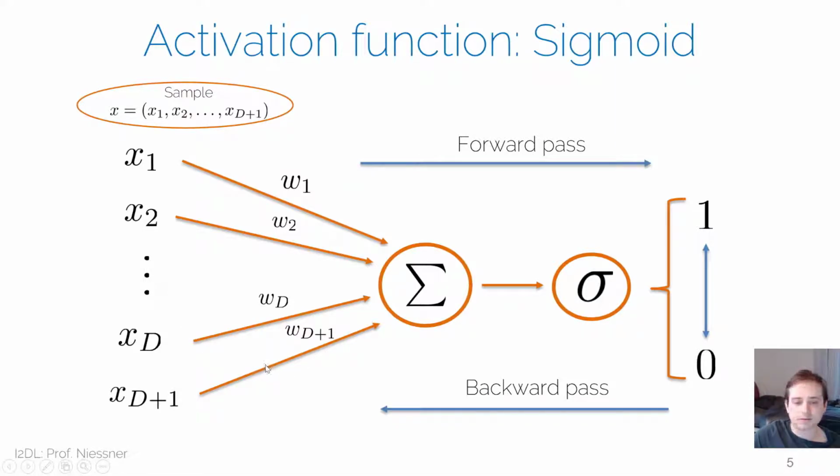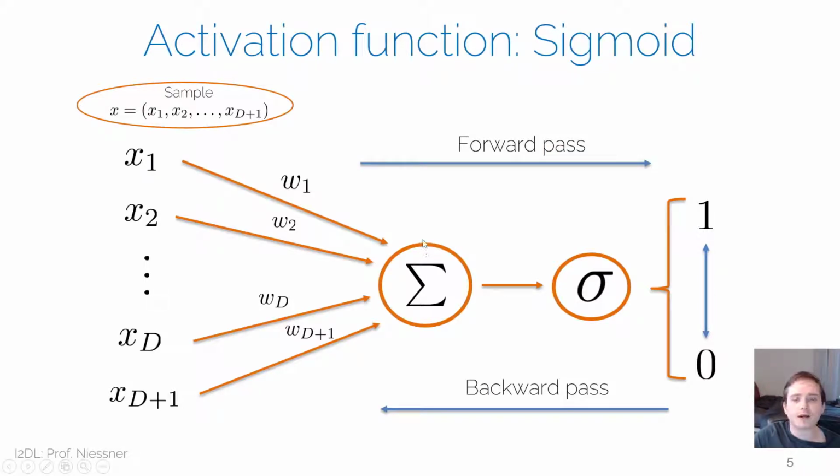And this is written as matrix multiplication, so you have the input x times the weights w, and then you get these scores sigma, which you put through the nonlinear activation function, which is the sigmoid in the case of exercise 5.